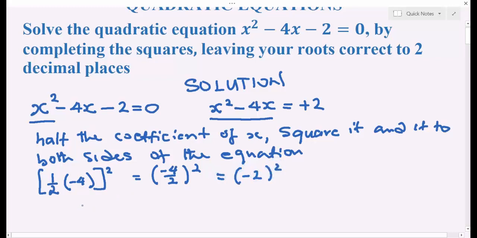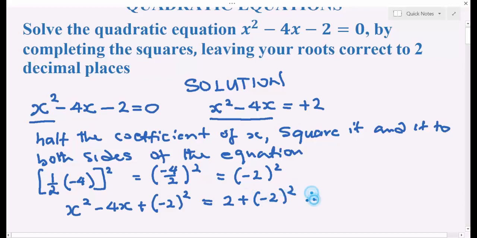So what we'll do now is add it to both sides. We have x squared minus 4x plus minus 2 squared is equal to 2 plus minus 2 squared. For this expression, we just pick the x and the minus 2, put them in a bracket and square.